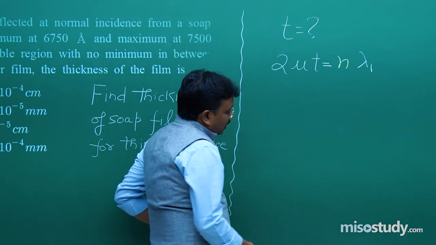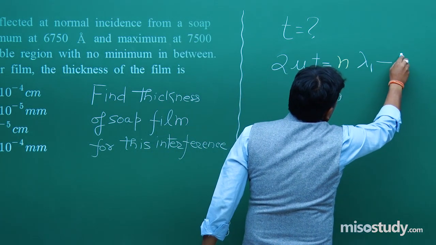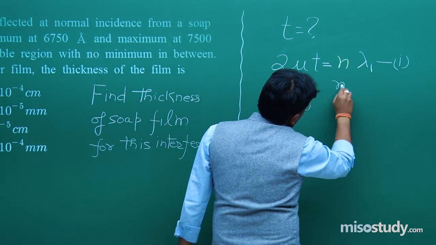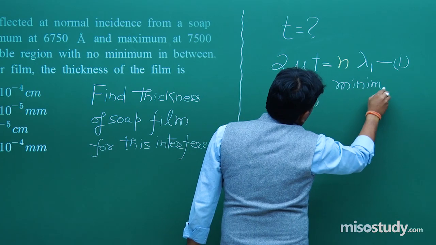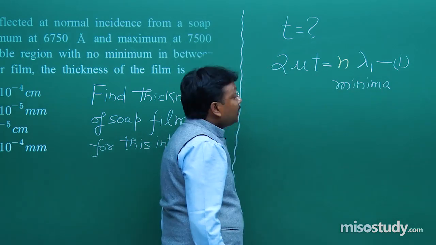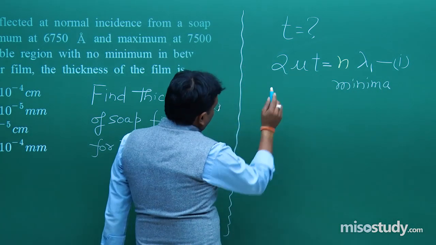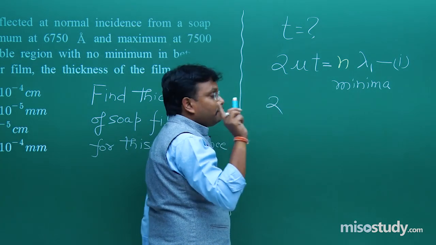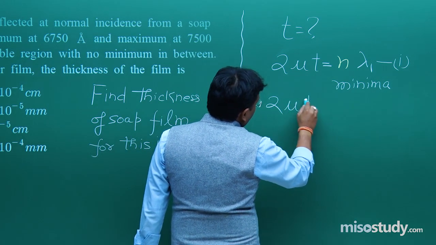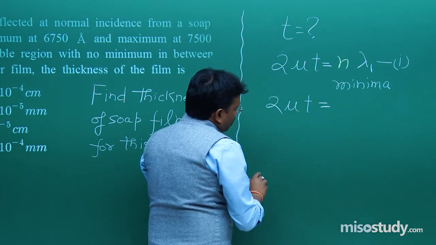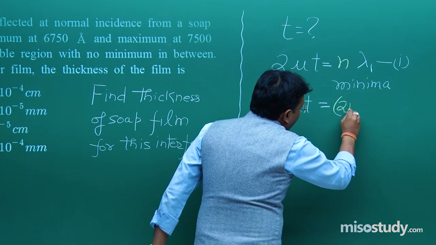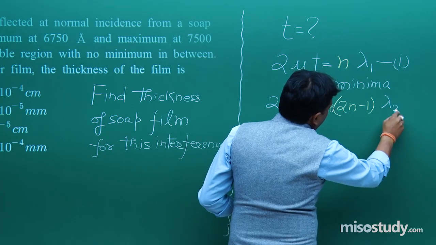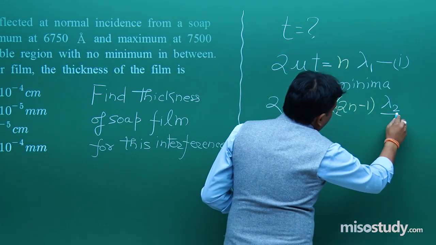Let's say this is equation number 1, and it represents minima. Similarly, 2 mu t is equal to (2n minus 1) lambda 2 by 2.